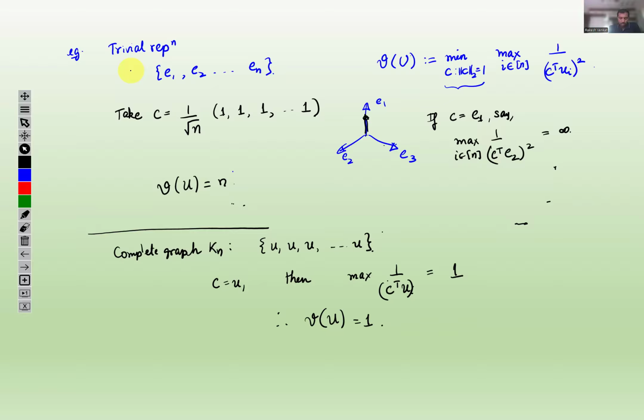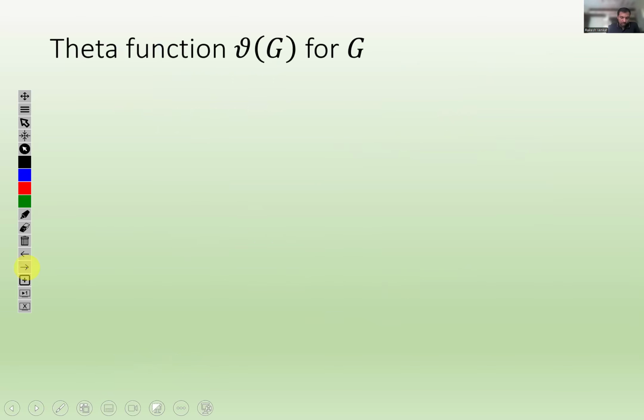Right. So there are no constraints on the complete graph because all edges are present. Good. Okay, so now that this is clear, as an exercise, work out the value of the other orthonormal representation for C4 that we saw, and see what value that gives. Let's move on to the next part.